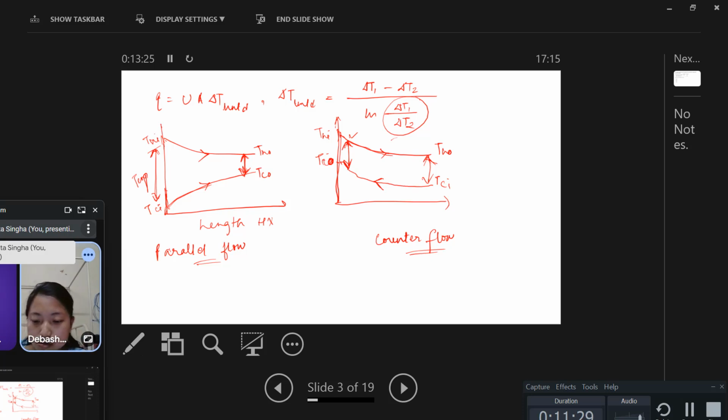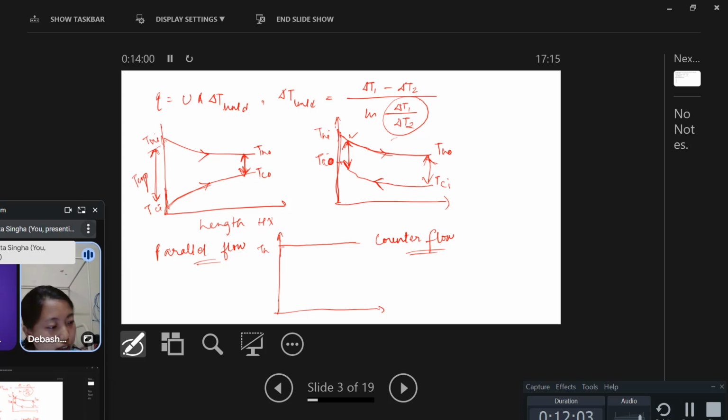Then we have, for condensation and for boiling, you know the graph. For condensation, the temperature of the hot fluid remains constant, because for condensation the sensible heat does not change, only the latent heat, right?